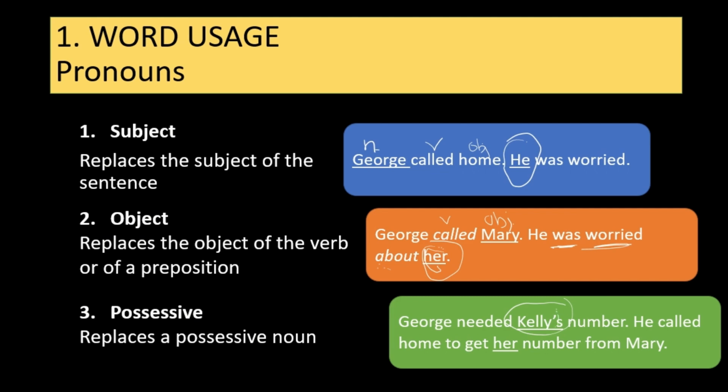This little, what I like to call the northern comma. It's at the top. So apostrophes are used for contractions, which this is not. It's also used to show possession of something. So it's Kelly's number. But instead of saying he called home to get Kelly's number from Mary, bringing up her name again, we just introduced Kelly again by using that possessive pronoun her.